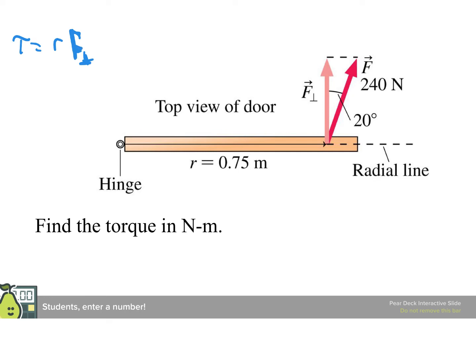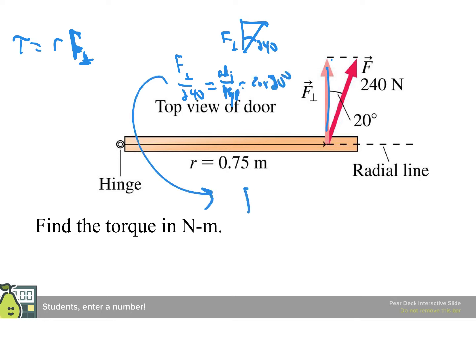We do that by doing our triangles and finding this side of a triangle, which has a hypotenuse of 240. We can say this, and that's F perpendicular. So F perpendicular over 240, which is the adjacent over the hypotenuse, is the cosine of 20.